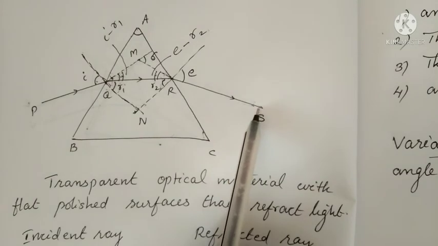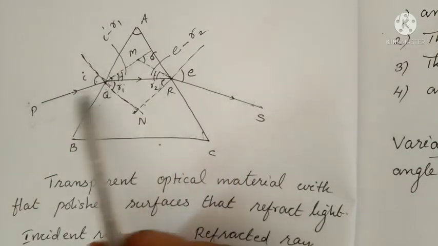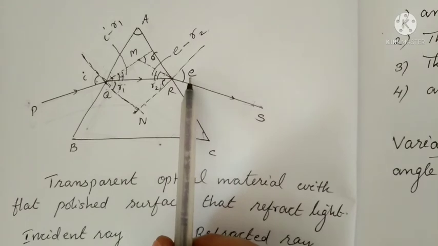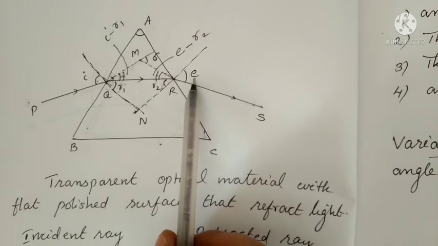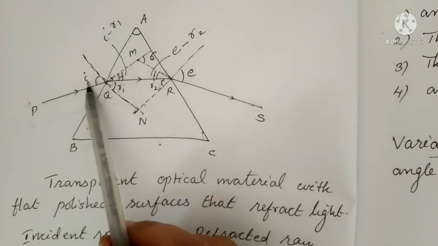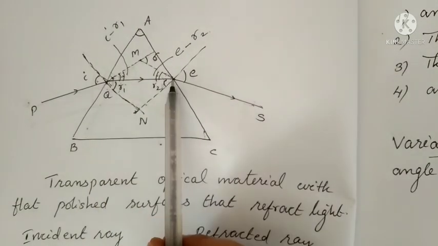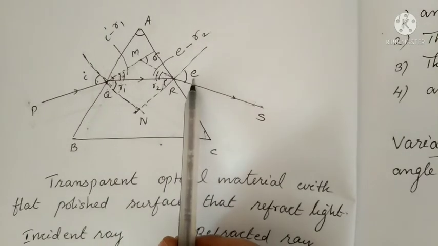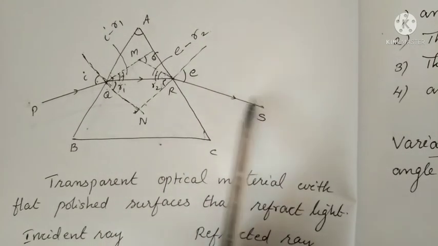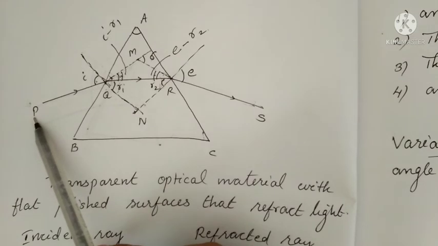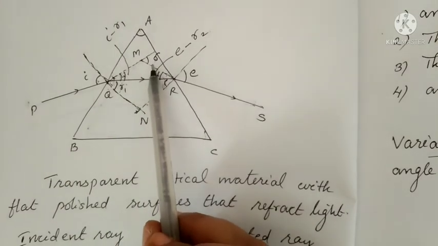When the ray is traced back, from right to left, the angle of emergence becomes the angle of incidence and the angle of incidence becomes the angle of emergence, but delta remains the same. So the path of the ray can be traced back, resulting in the same angle of deviation.